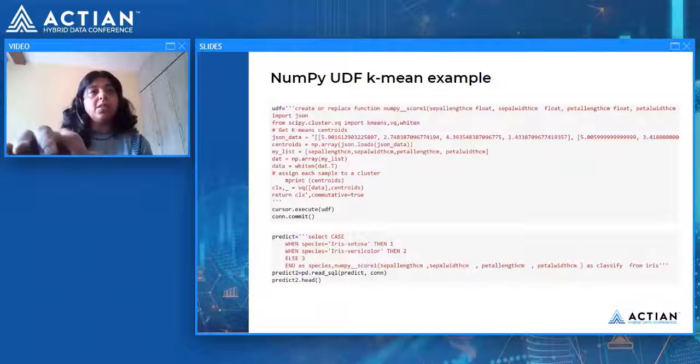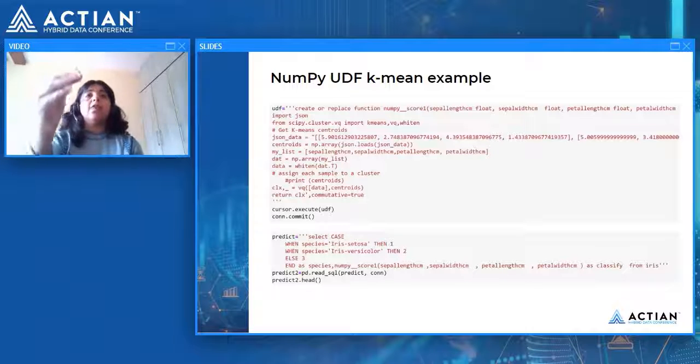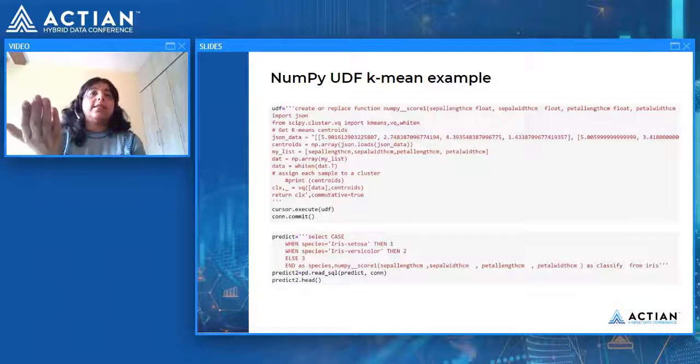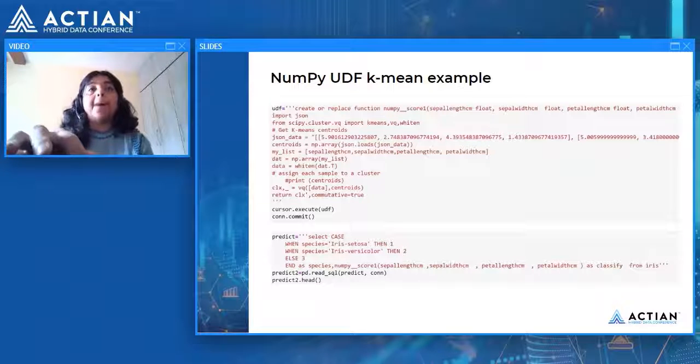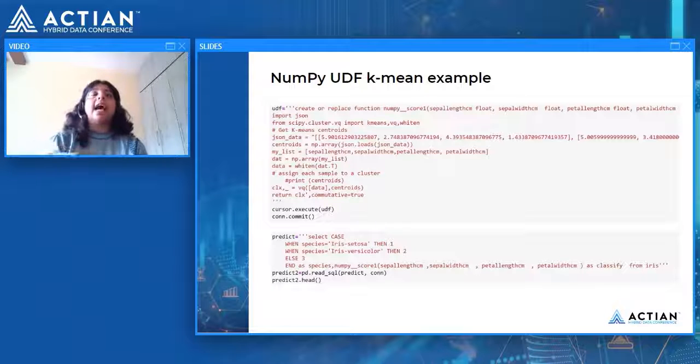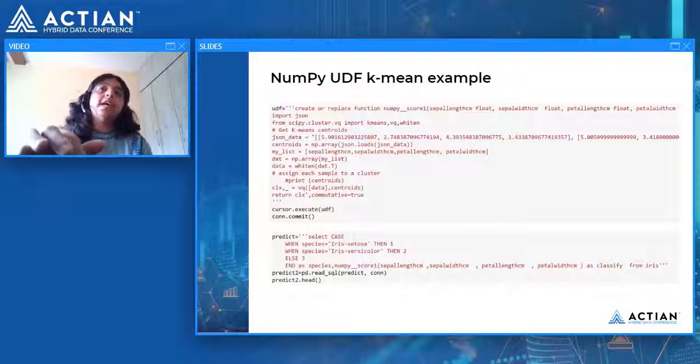This is a simple line of code over here, which is given by SciPy. I'm simply adding it over there, and I'm returning the cluster in each case. And since I'm making use of a NumPy array over here, this would give me an added speed for my example.